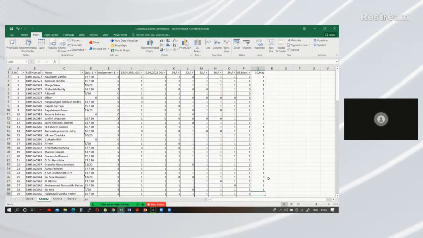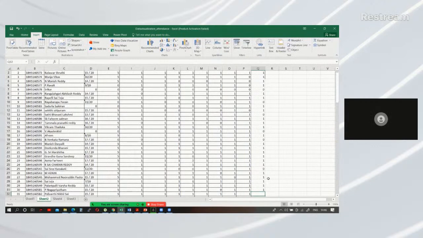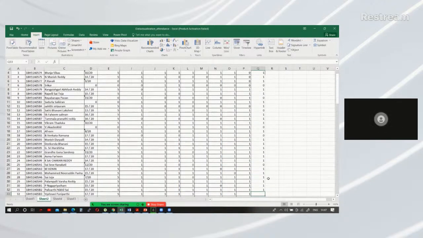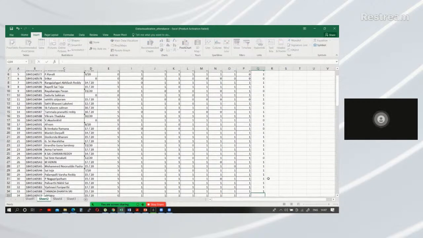A9, present. B1, present, sir. B2, present, sir. B3, present, sir. B8, present, sir.